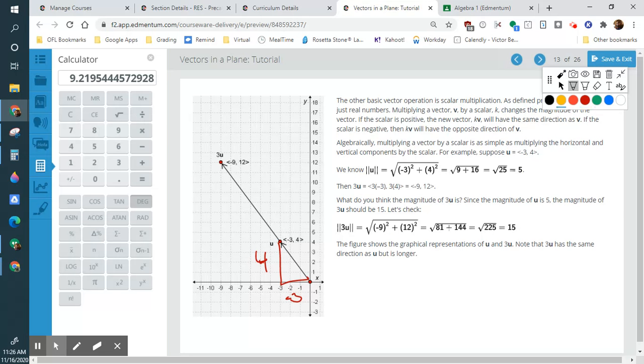If you remember similar triangles from geometry, if you multiply this by 3, you would get 9. And if you multiply this by 3, you would get 12. It's the same triangle. The angle is still going to be the same. It's just a lot longer. So this is going to be 3 times longer.